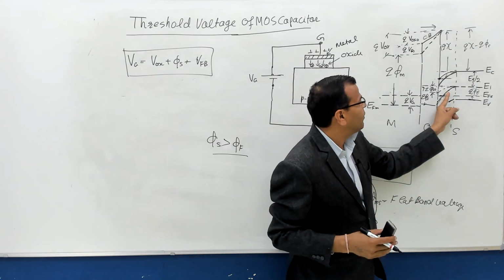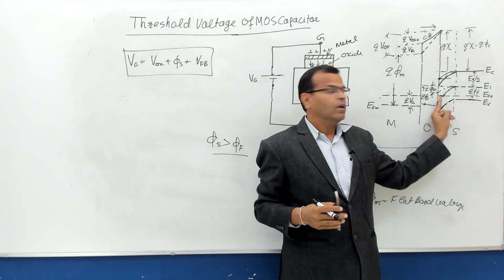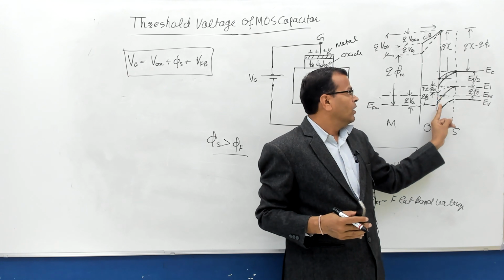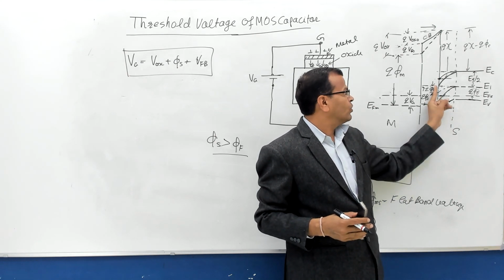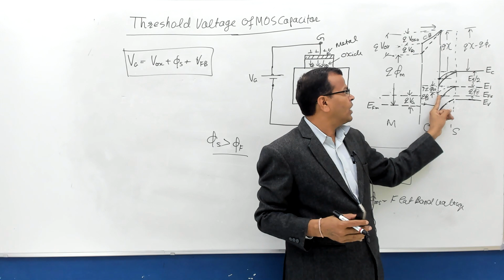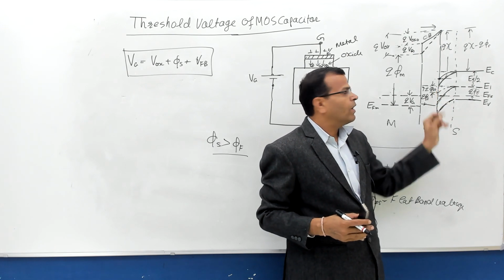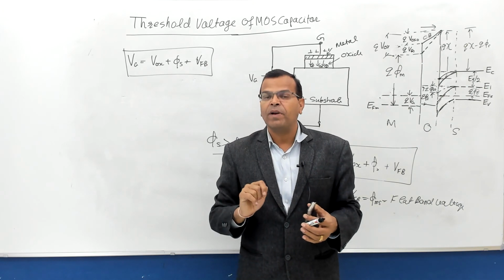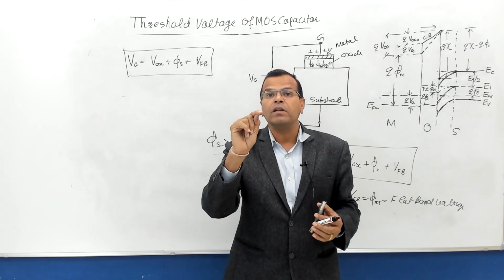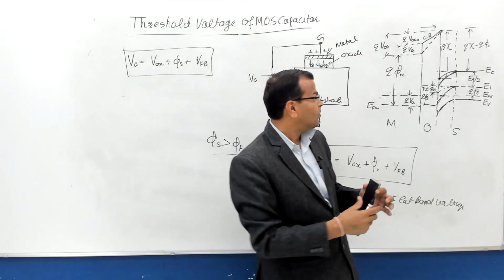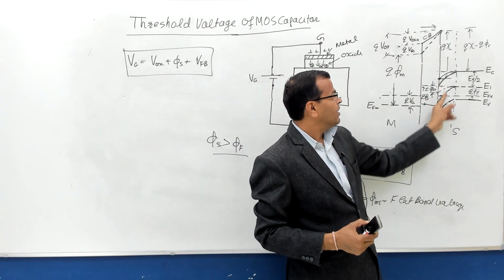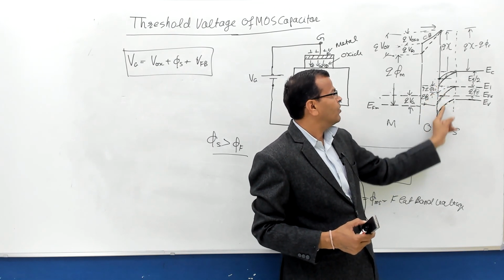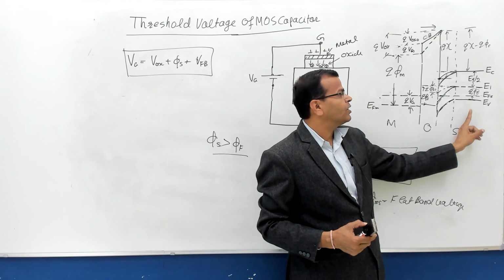So when the intrinsic level at the surface of the oxide and semiconductor falls below the actual Fermi level, the conduction band becomes closer to the actual Fermi level as compared to the valence band. And when the conduction band is closer to the Fermi level as compared to the valence band, the material behaves like n-type. So at the boundary in this region, your material is behaving n-type because the concentration of electrons is becoming more than the concentration of holes in this region.